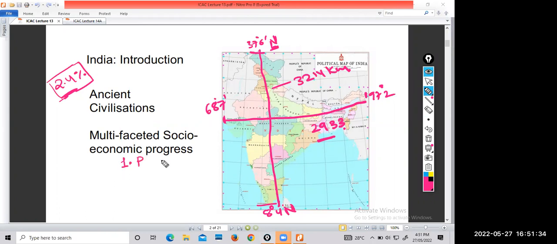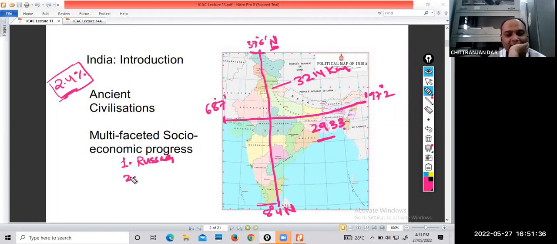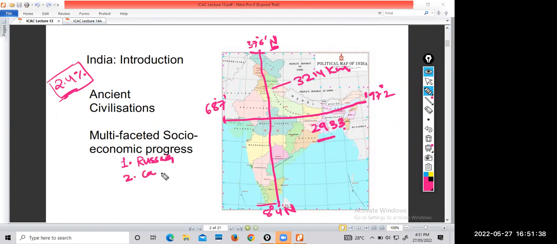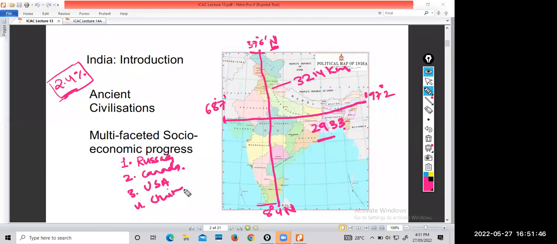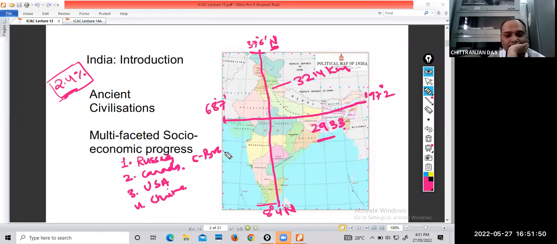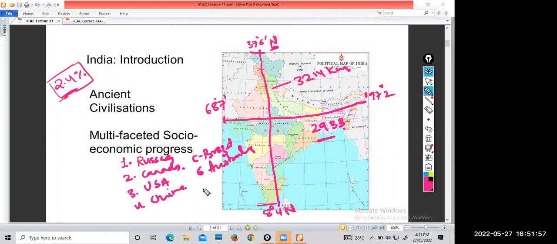So first Russia, second Canada, third USA, fourth China, fifth Brazil, sixth Australia, seventh India.